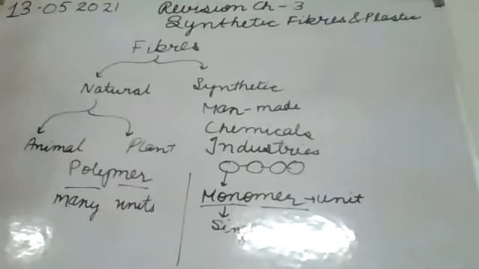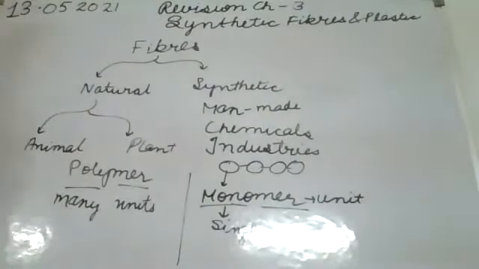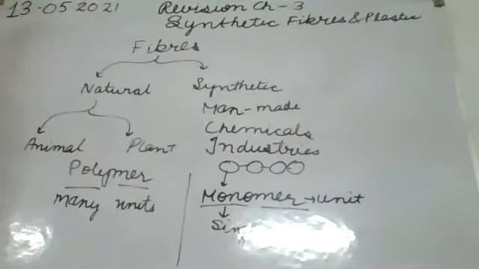And next, these monomers and polymers are not only found in synthetic fibers. There is an example from nature also, cotton. Cotton is also made from a polymer named cellulose. Cotton is a polymer of cellulose.